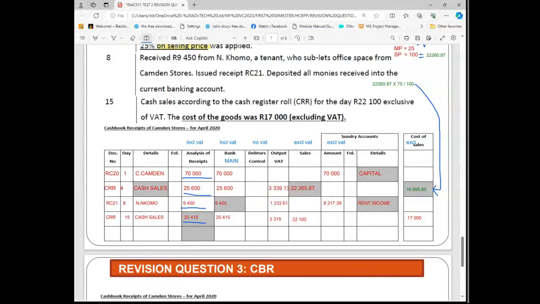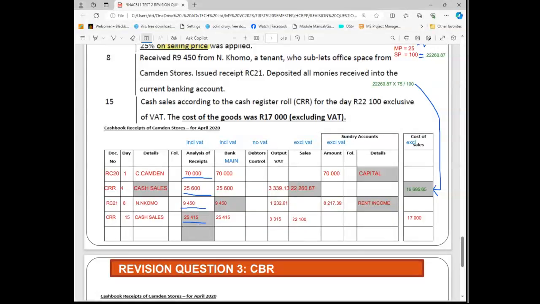Then would we take the 22,000 or the 17,000? They wouldn't give you the 17,000, the cost of sales, and then tell us to calculate. You then have to find that. So we will take the 22,000 on cost, calculate with the formula, and get the cost of sales.